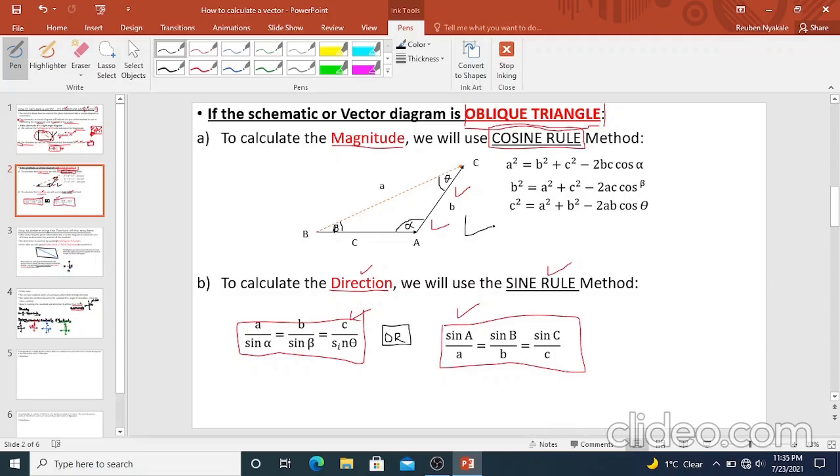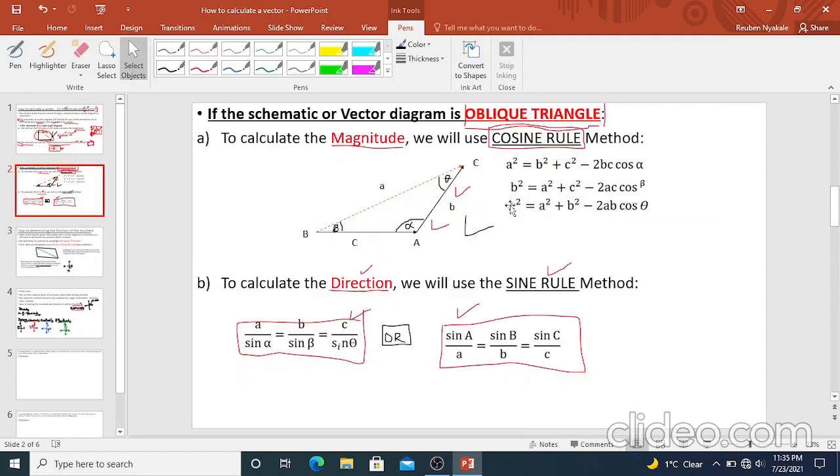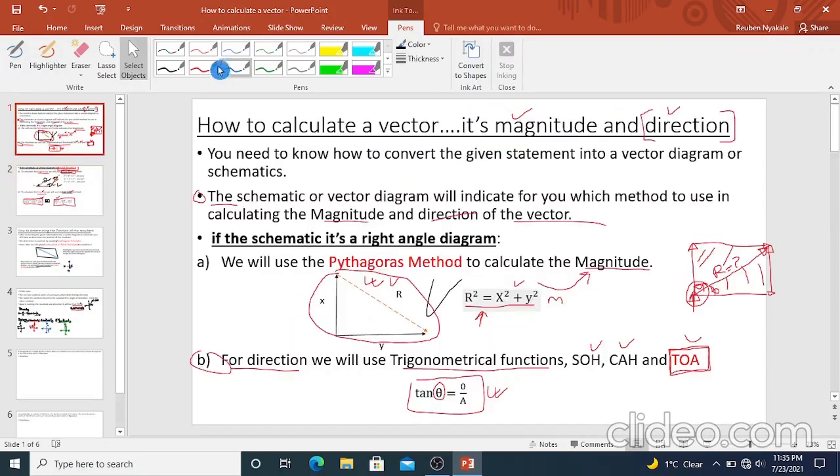Right, now let's look at the position, because here they want us to calculate the resultant, and in this case the resultant would be this one here, on the right angle. But you don't just assume that because you have this component and this component, you will just join the dots and that's where your resultant would be.